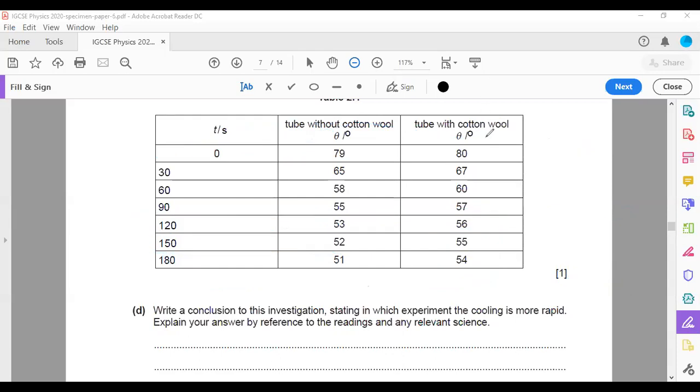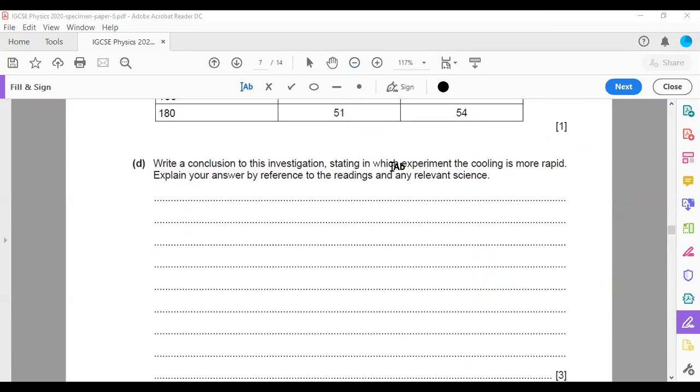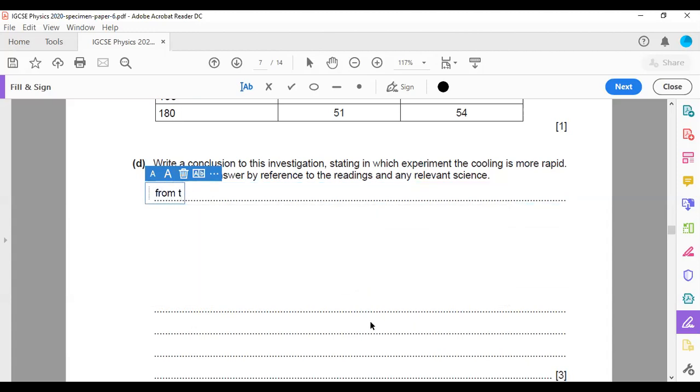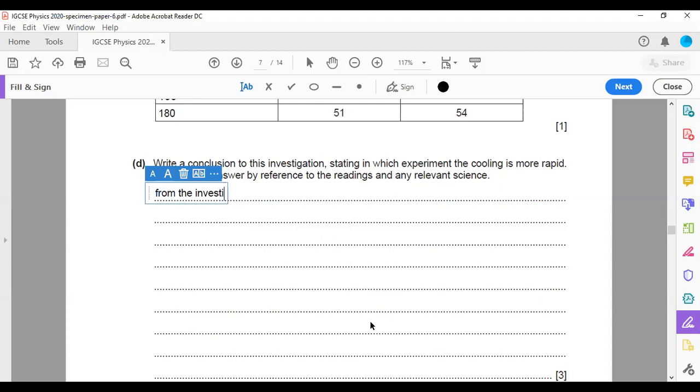So we could justify this by saying, explain in your answer, write a conclusion to the investigation stating in which experiment the cooling is more rapid. So from the investigation, write a conclusion.